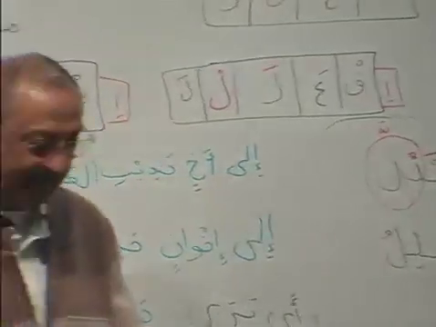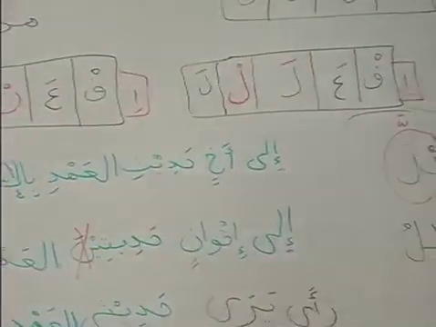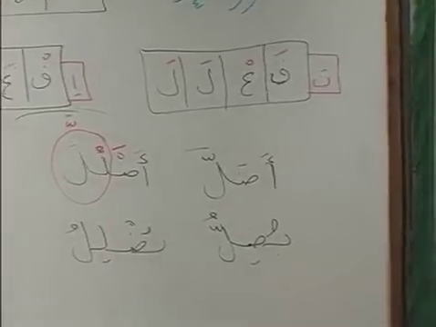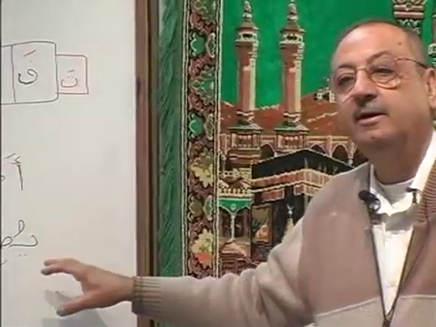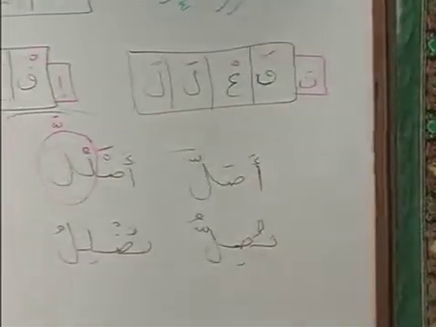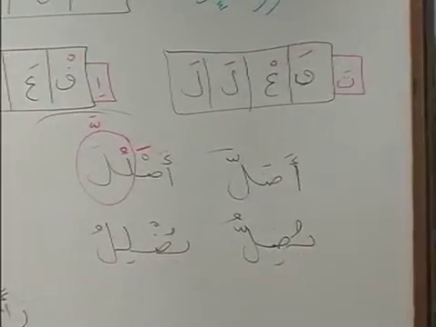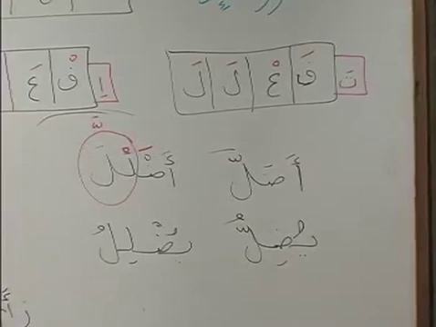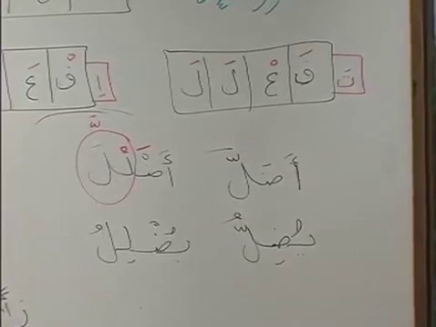Okay, now sometimes when you are making fi'l mudari'a majzoom, then if the verb is a mudaf, we break it down. Are you with me, brothers and sisters? When the verb is mudaf, we break it down. We break the idgham. It is called faqqul idgham, breaking of the idgham.